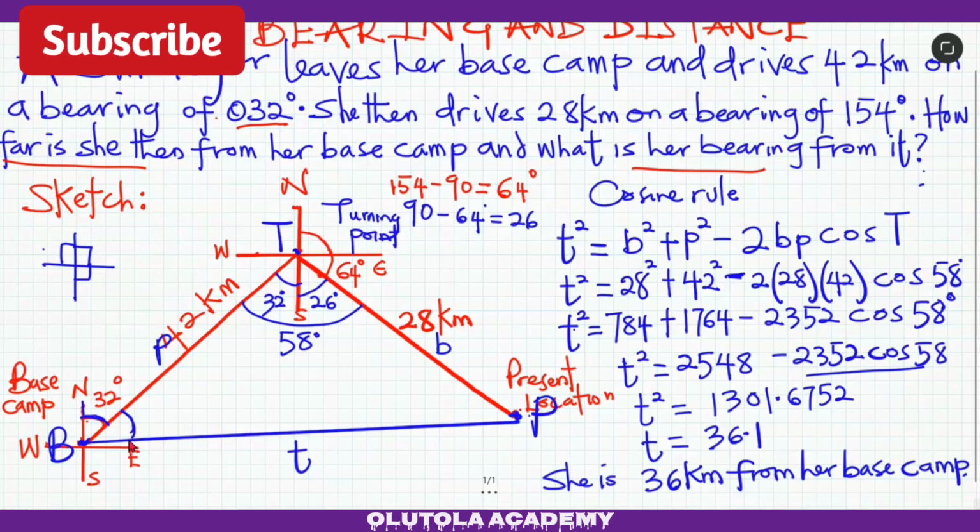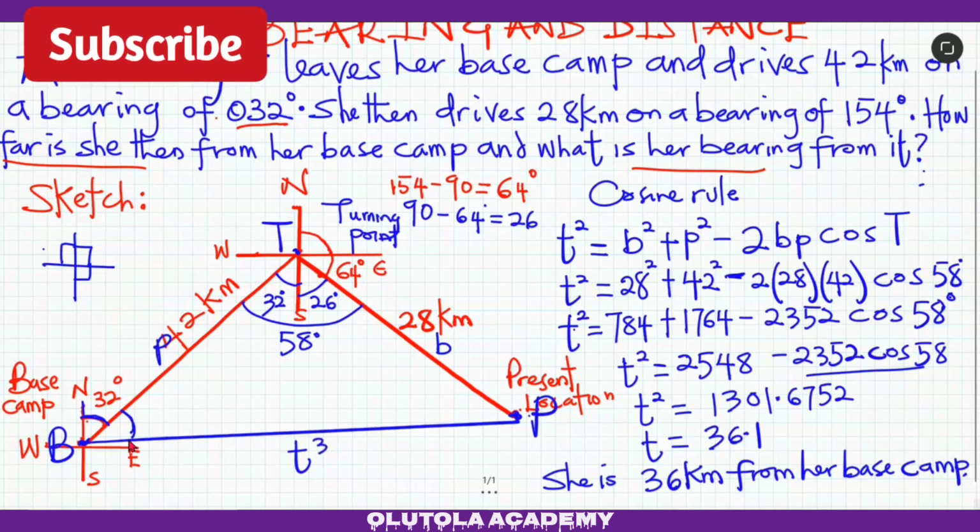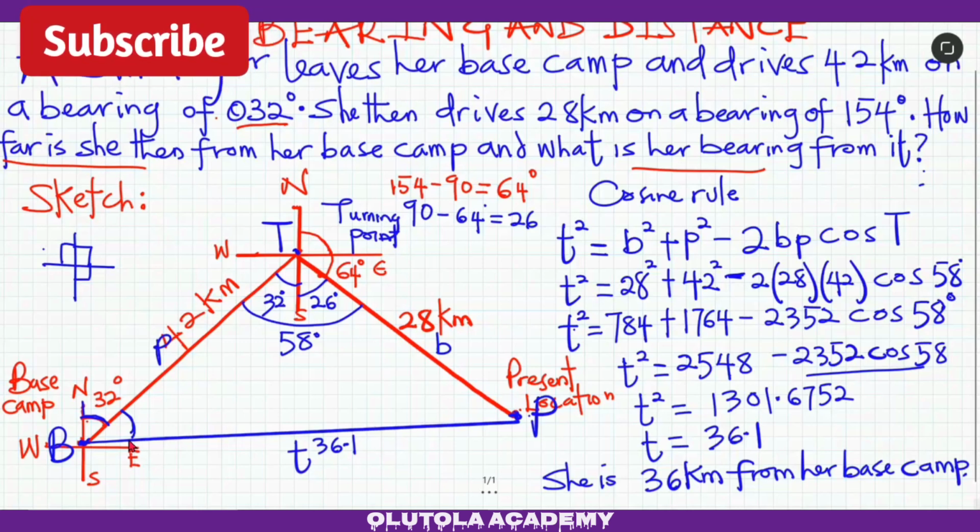It's very simple. We have gotten this T to be 36.1 kilometers. So we are going to use the sine rule to get the other angle here. I'm going to do the sketch on the other page now.